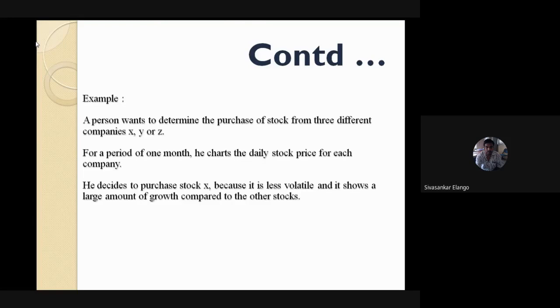So a person wants to choose a list of stocks so that his returns will be more than 10% in a year. He charts the prices of stocks daily, and after 1 month of studying the data, he will choose to buy the stock which will give huge returns. Similarly, it should be less volatile.